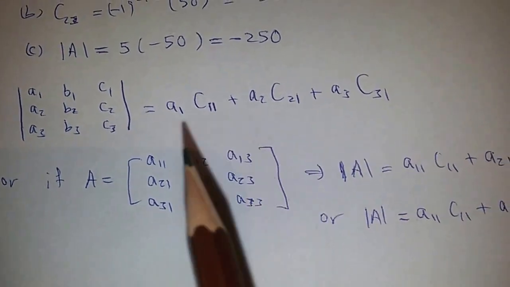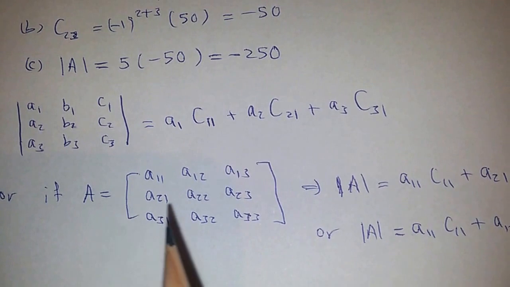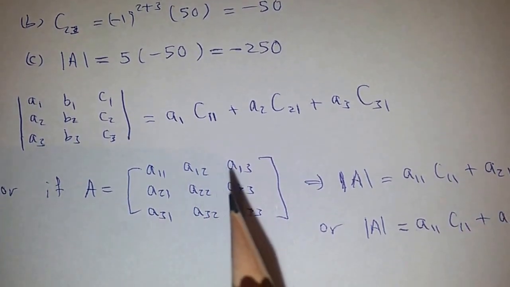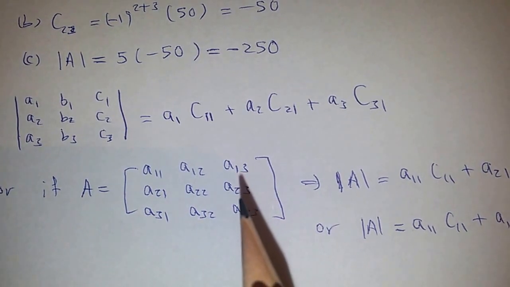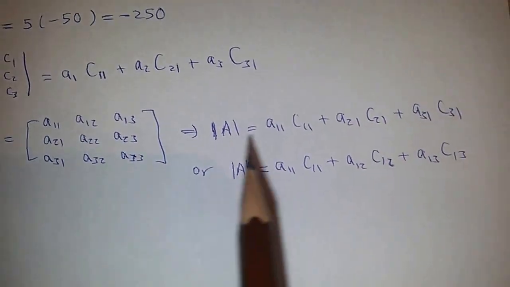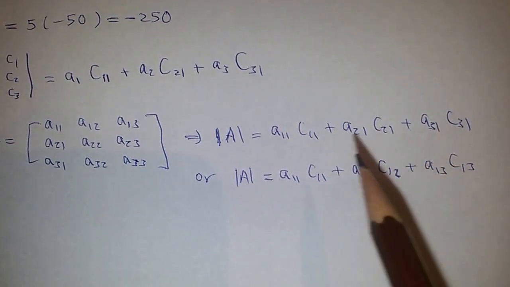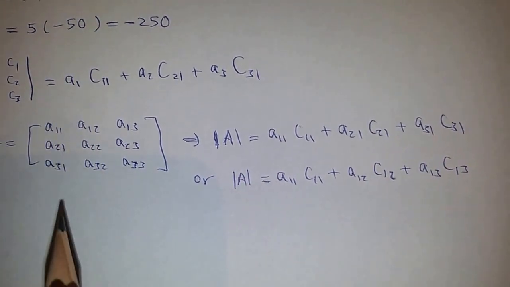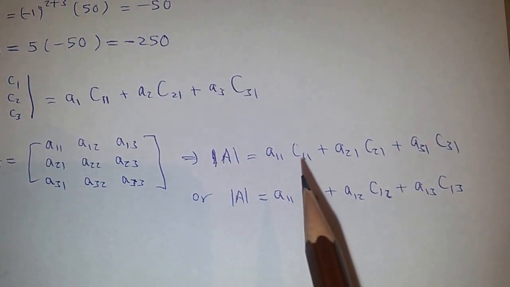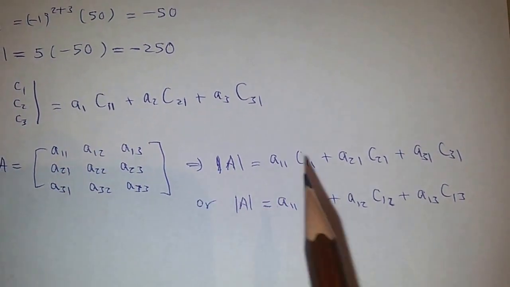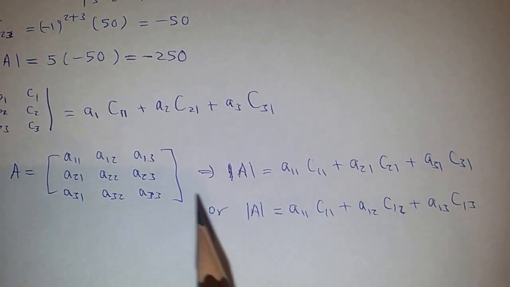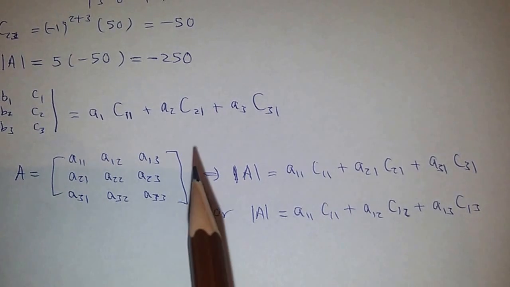Now, if you write the matrix A in this form, and usually we write it like this, A11, A12, where 1, 3 means the first row, the third column. So the determinant of A can be written like this. If you expand using the first column, it would be A11 times C11, the cofactor, A21 times C21, A31 times C31, or you can choose to use the first row.